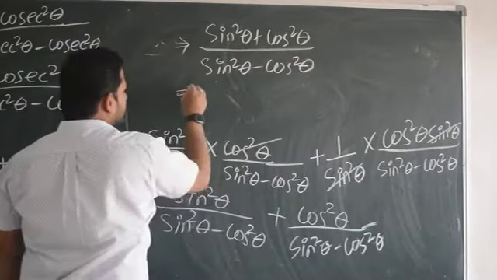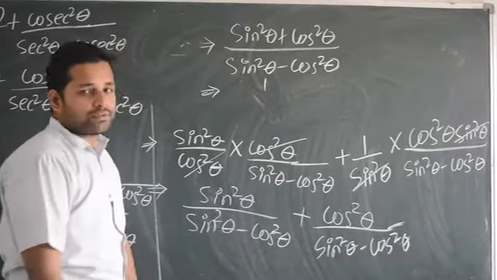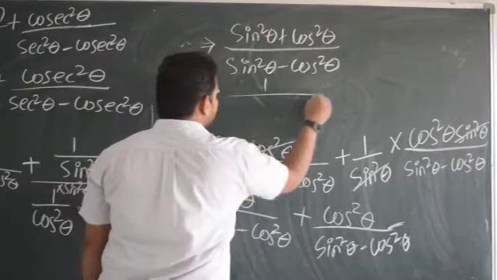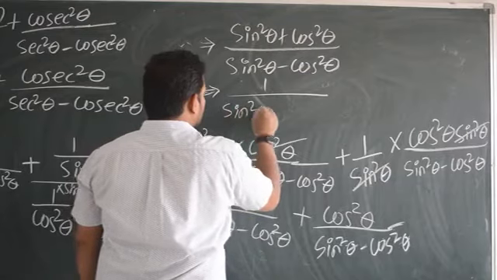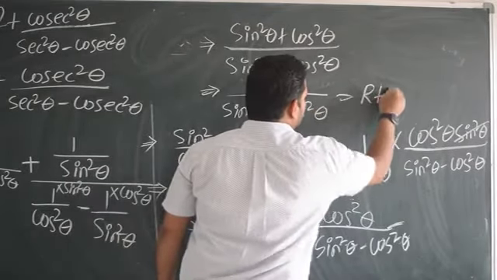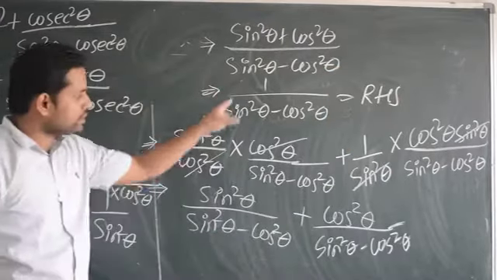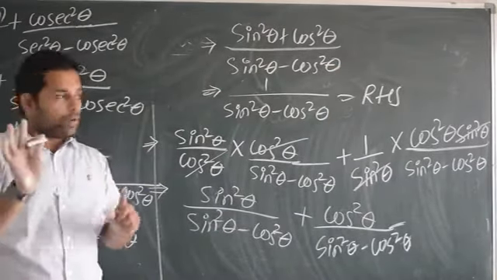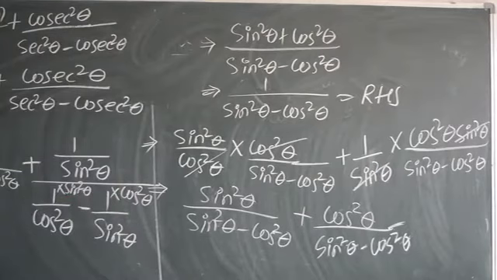What is sin square theta plus cos square theta? 1, of course, one of the famous identities. So 1 divided by sin square theta minus cos square theta, which is equal to the RHS. You can check in your notebook also. This was the RHS.